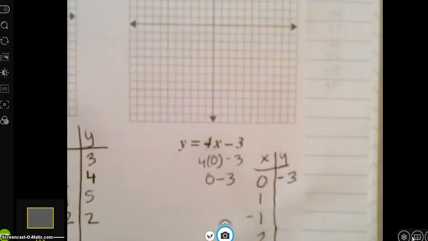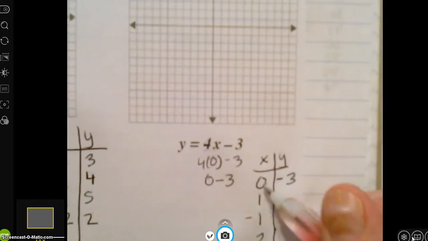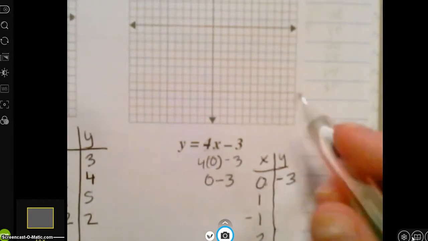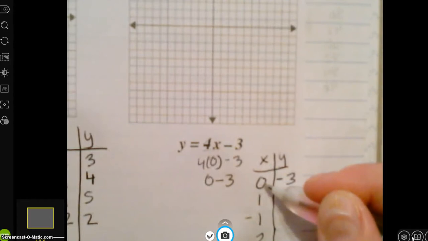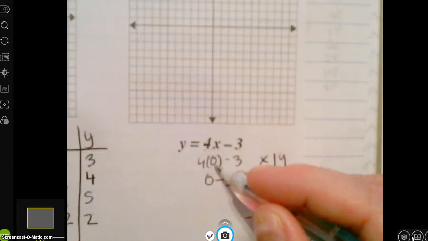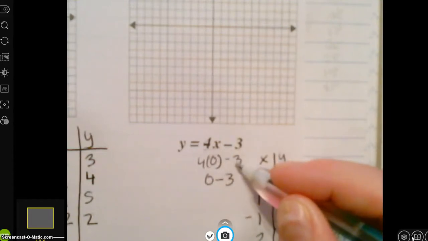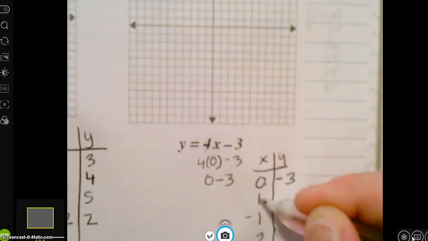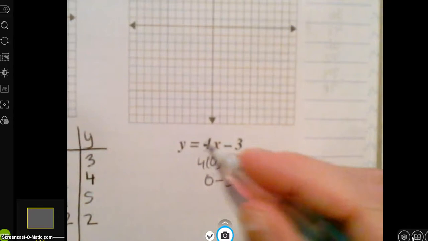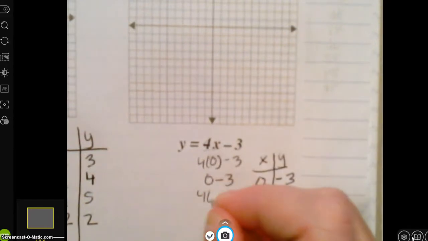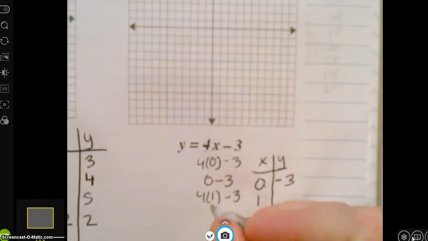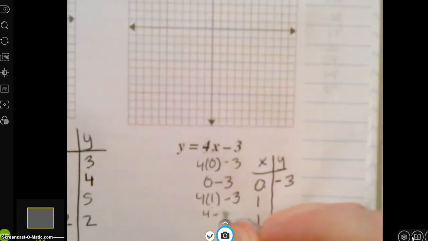Okay, so now I'm going to do the same thing. So look real carefully, just if you did not understand, x is 0. Here's x. So I did 4 times 0 minus 3. This time I'm going to use 1 for x. 4 times 1. What's 4 times 1? 4 minus 3 is 1.